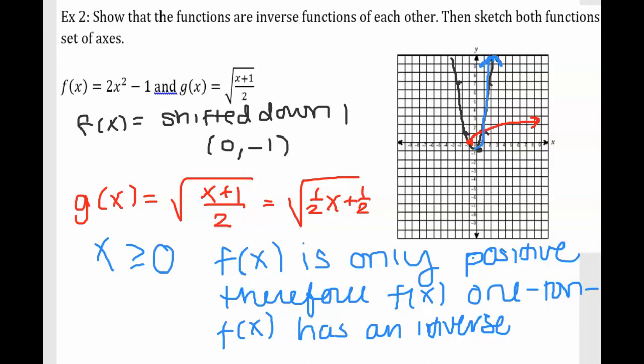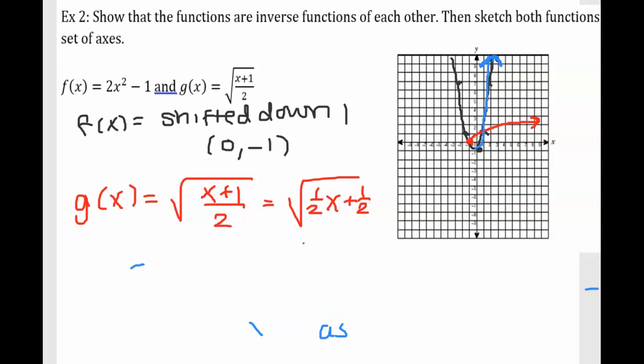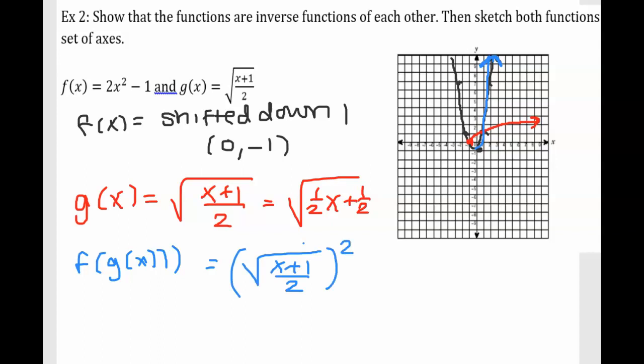We could compare the two algebraically by plugging g of x into f of x. So again, I just need some space, and what we could do is take f of g of x, and that would give you the square root of x plus 1 over 2 squared times 2 minus 1.